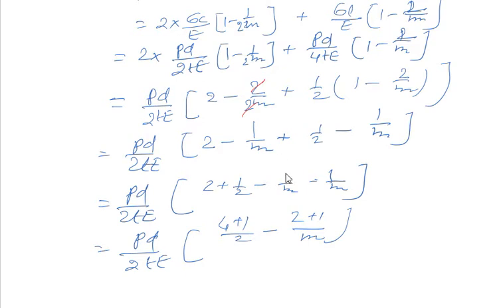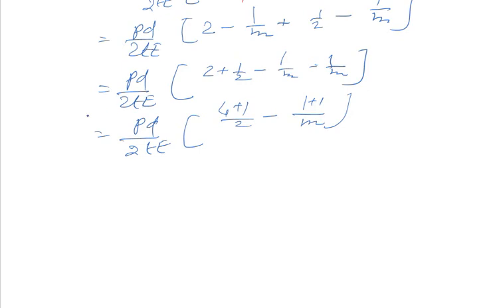This is also 1 by m. So this 1 and 1 will be 2, this will be 1. So finally we got the value of volumetric strain, that is epsilon V equals PD upon 2 TE into 5 by 2 minus 2 by m.